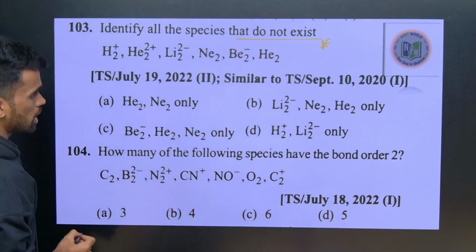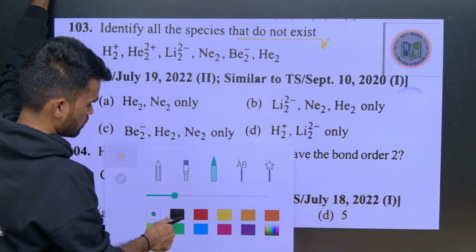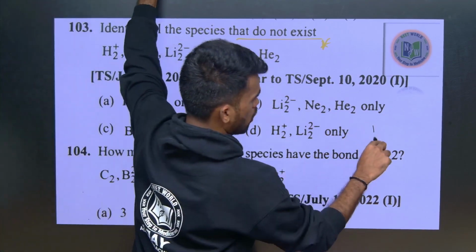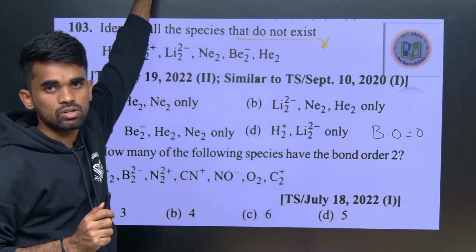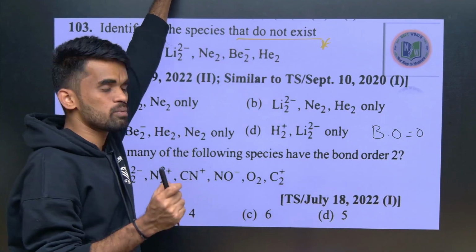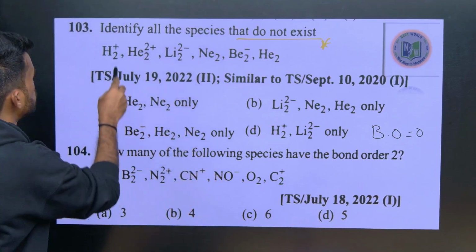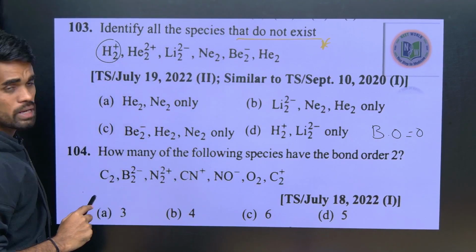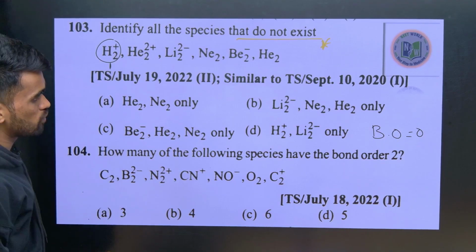Then next, which does not exist. If the bond order becomes 0 for any species, that molecule won't exist. So there should be some value for bond order, then only it will exist. Now here H2 plus is there, so how many electrons are there? 1 electron. So the bond order formula is what?